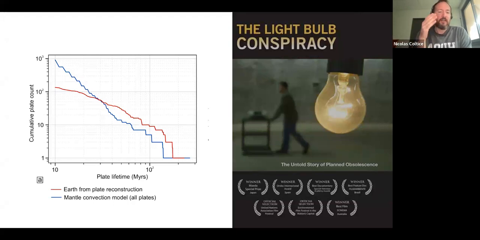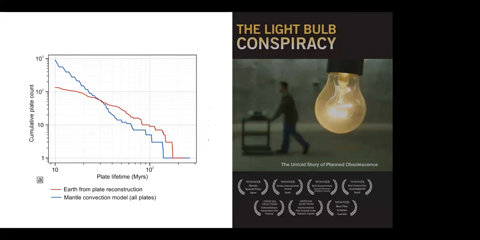So in a way, a plate that lives longer will have a tendency to live even longer. So it's why I put this movie on the right. There is a sort of planned obsolescence of the plate, given the plate properties. It will die sooner, at a given time.